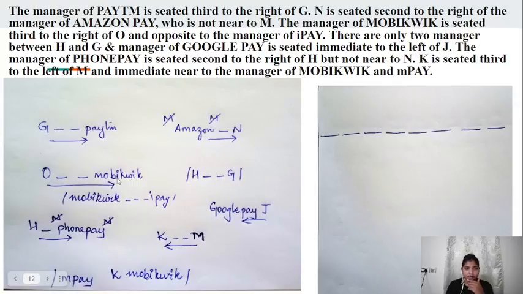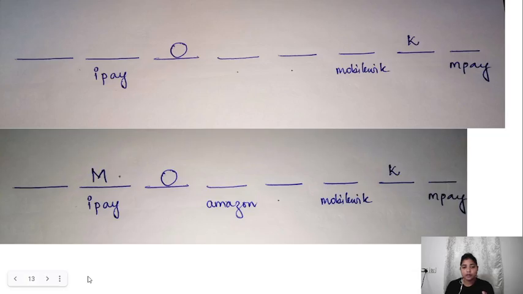So I can connect this MobiKwik with IPay and MobiKwik with K and then MPay. So this is what merging is. I have seen MobiKwik 3 gap IPay, then with MobiKwik, K and MPay. So these 3 conditions have been merged. So I will use this.